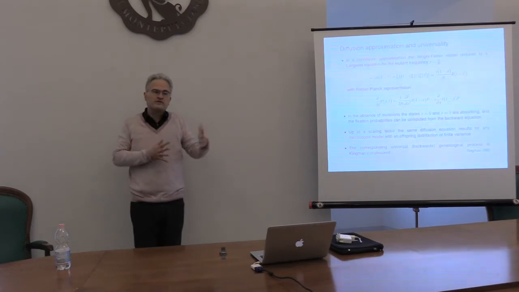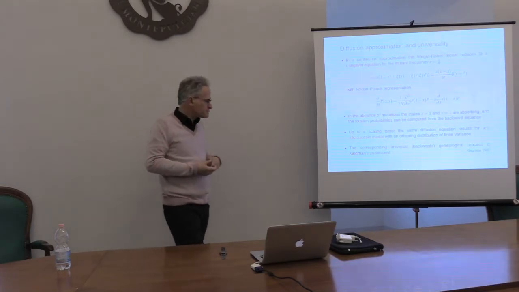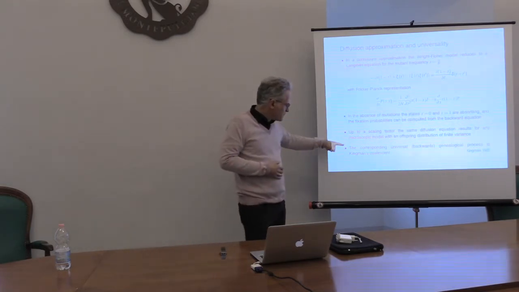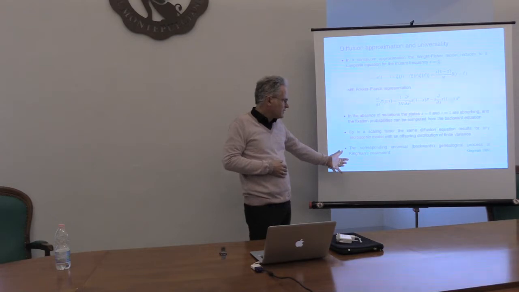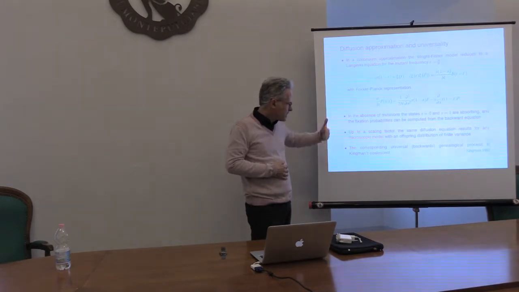And here, I typically don't have time for that, but at this point you can start talking about cases where the offspring distribution doesn't have a finite variance, and what happens then. This is in particular interesting also for the backwards genealogical process, which I don't have time to talk about here, but which would be the next step in this discussion.